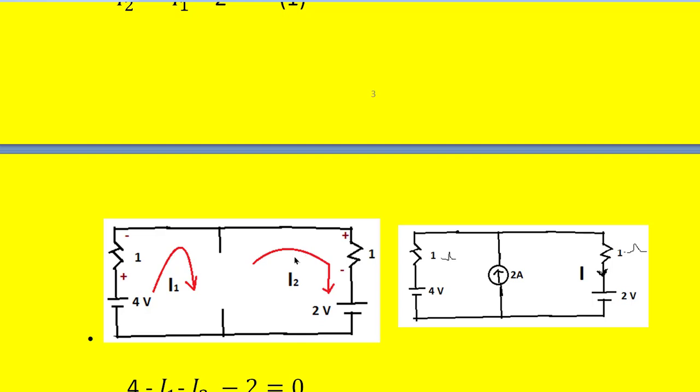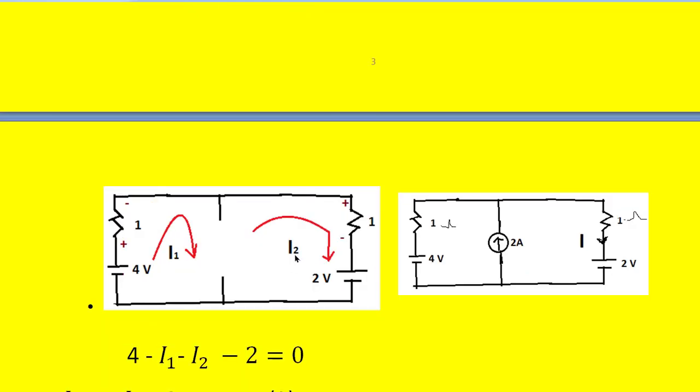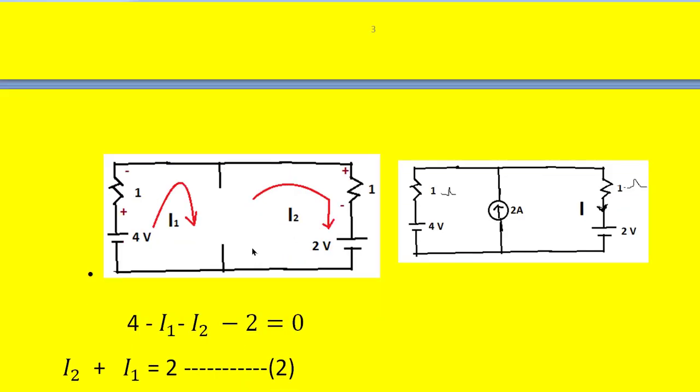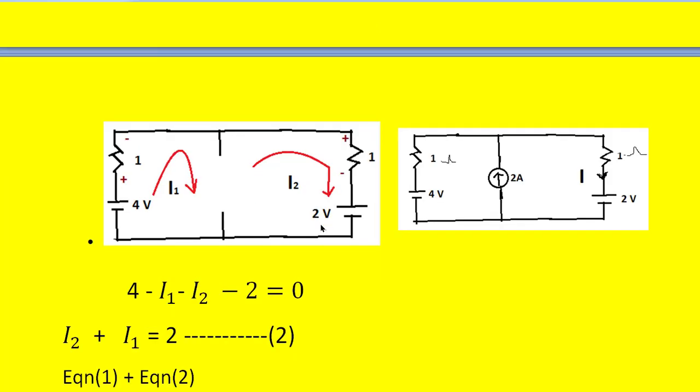Once we have the circuit like this, without disturbing these polarities, we have to apply the KVL for this loop, for this super mesh loop. So we start at one point. Say we start at this element, that is the 4 volts source.